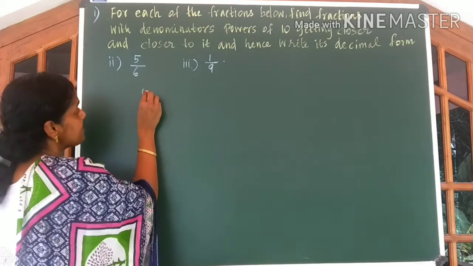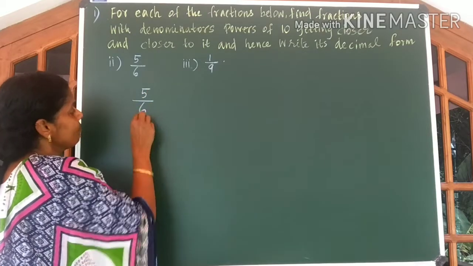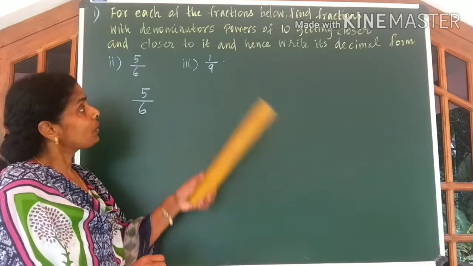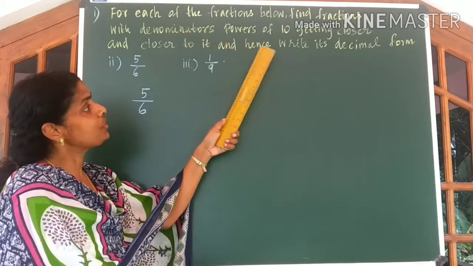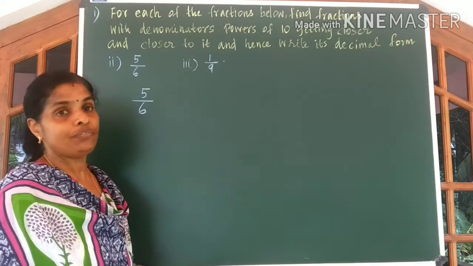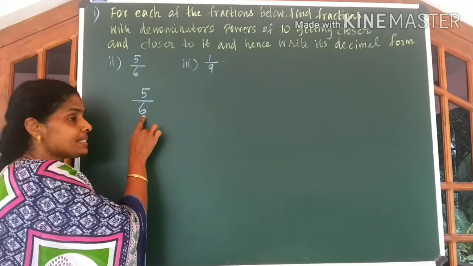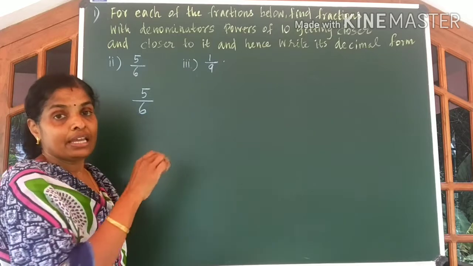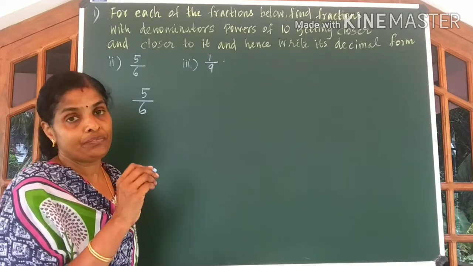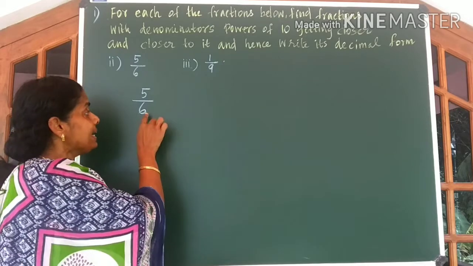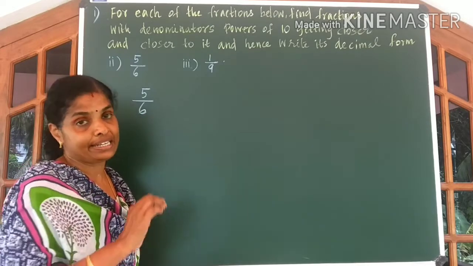5 by 6. We are going to write a fraction which is closer and closer to the powers of 10. Now we know, since the denominator is not a power of 2 or 5, we cannot write the decimal form directly.